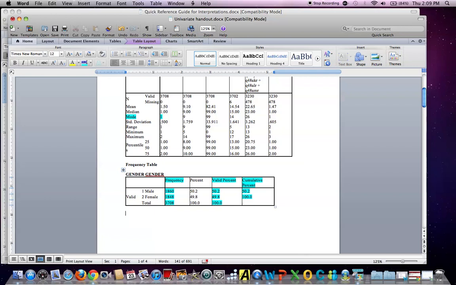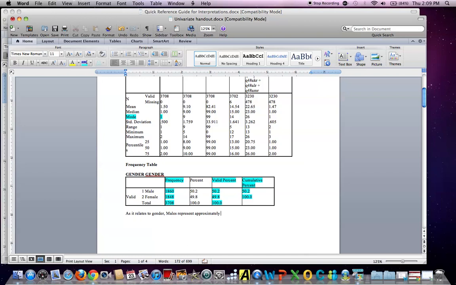So to interpret this, we might say something such as, in relation to gender, males represent 50%, or approximately 50%, and you want to round certain numbers, and in this case percentages are what you want to be approximate about.